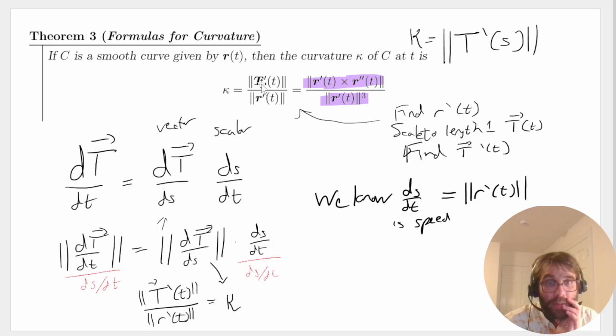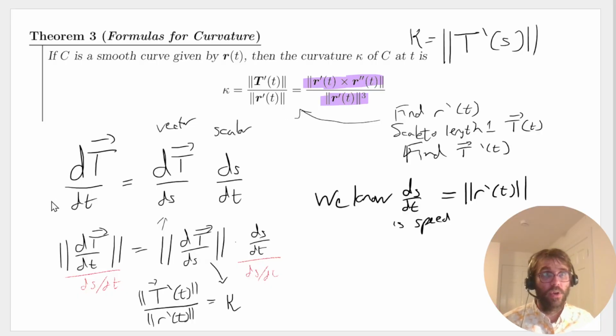This second formula has a cross product. We've practiced cross products. It uses r prime of t. It uses r double prime of t. It uses the length just to divide it, but it does not ever tell you, hey, scale a vector. And that's the thing that really makes our lives difficult, the scale to length 1 and then differentiate. That's the real hard thing. This just says differentiate to find r prime, differentiate to find r double prime. You already found r prime, find its length, you're done.